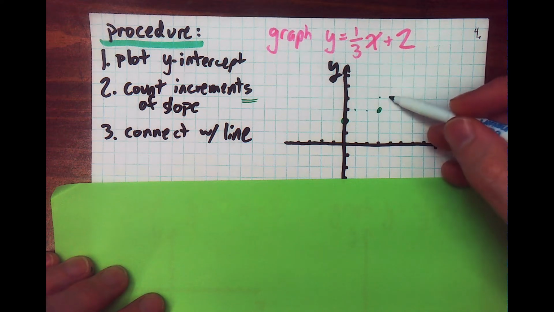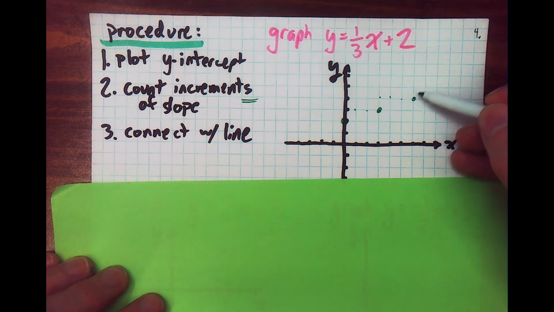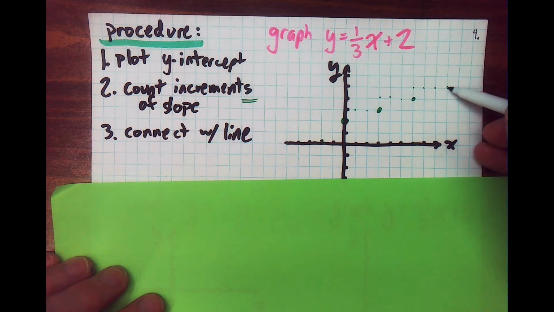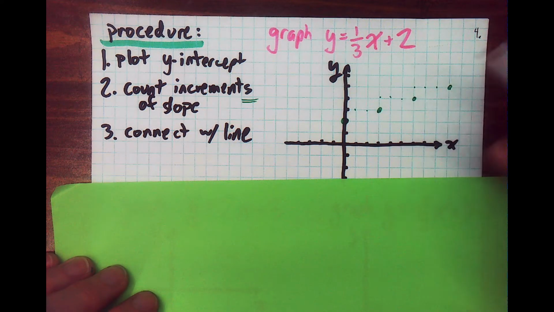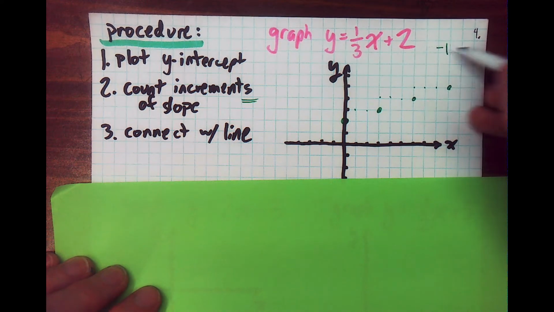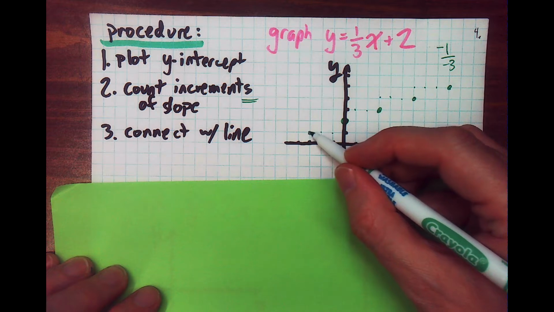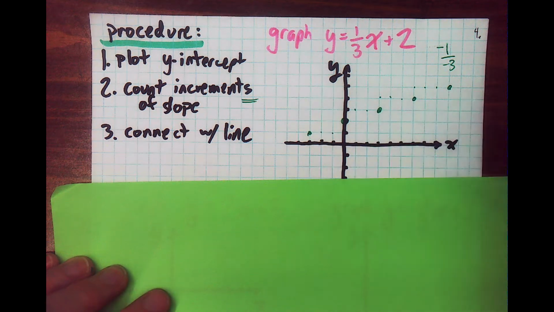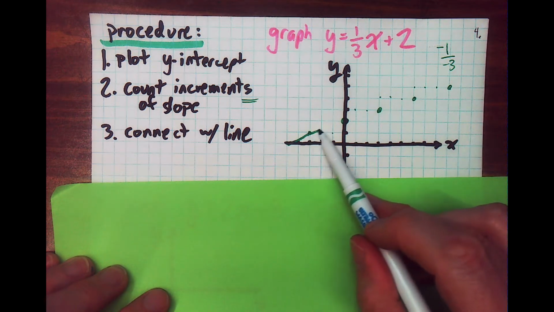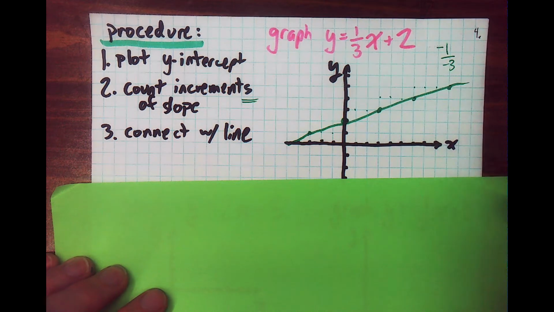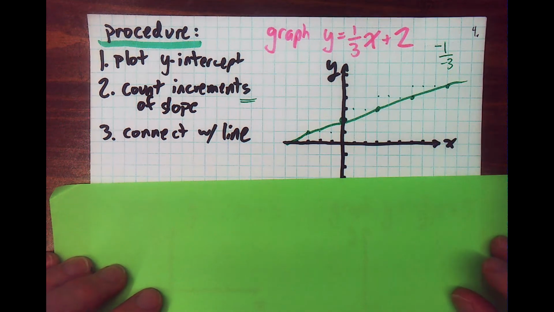And you can even go in the other direction. I can rise -1 and run -3. That's the same thing. In other words, go down 1 and go to the left 3. And all these points should be in a straight line. And that is the graph of my line.